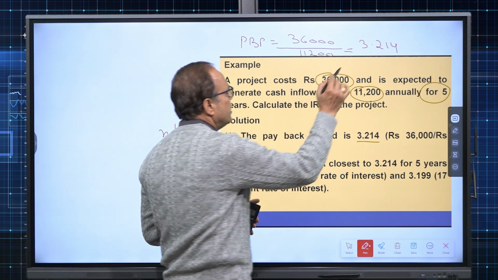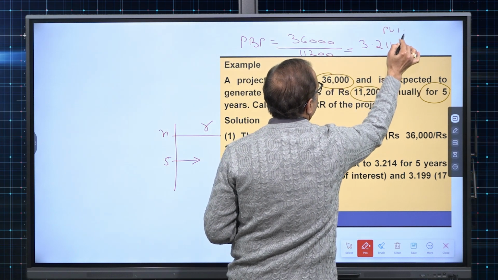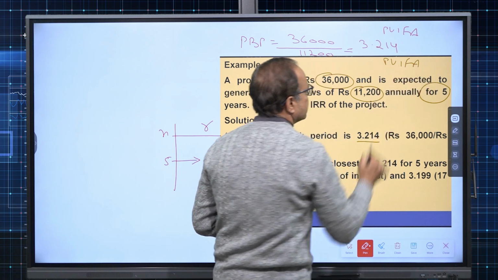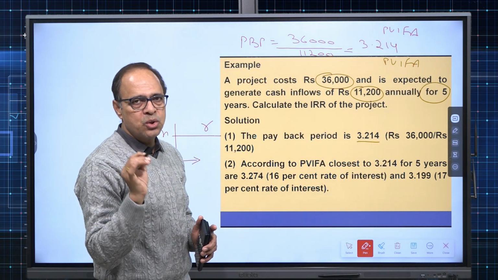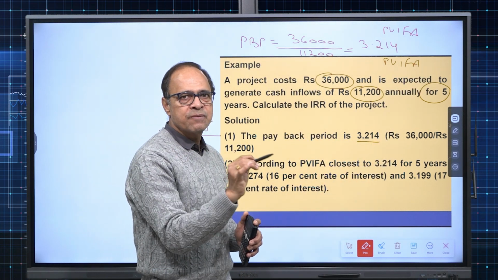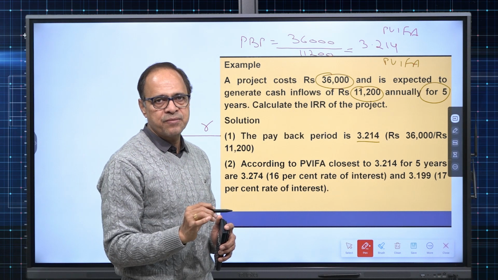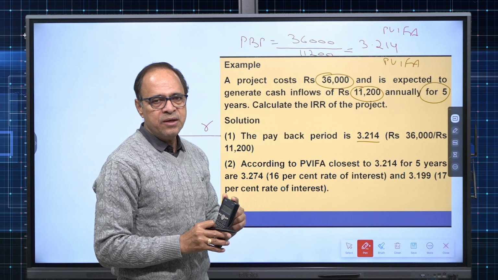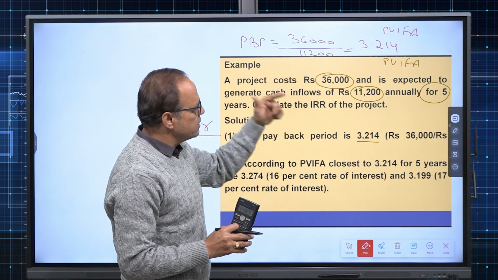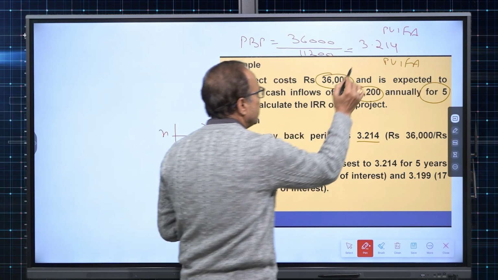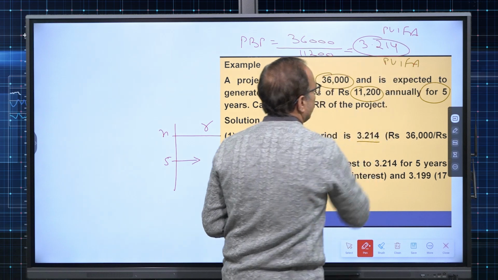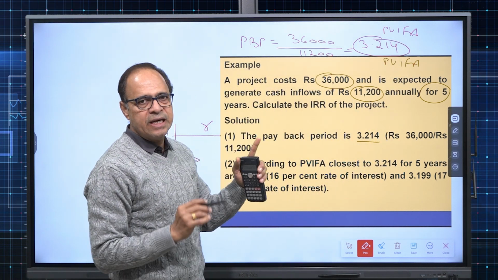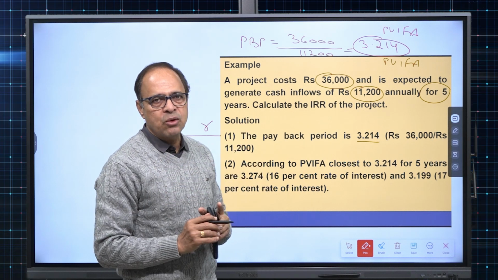That means one PVIFA greater than this and another PVIFA less than this, and note down those factors as well as corresponding discount rates. So what is your target? 3.214, equal to payback period.